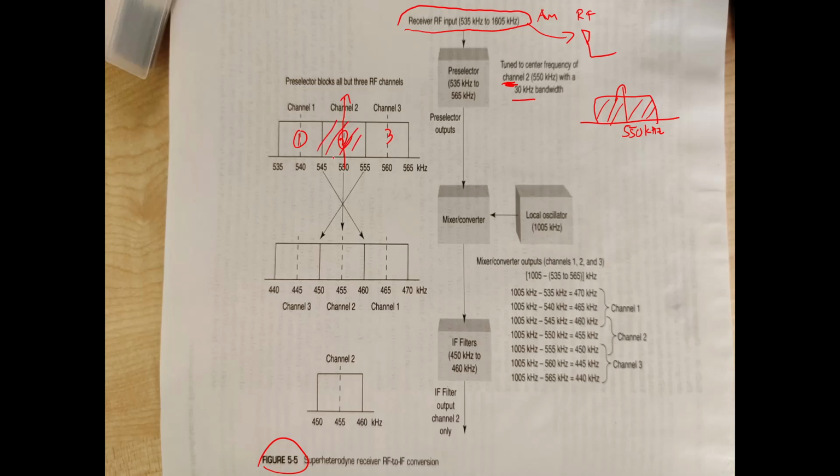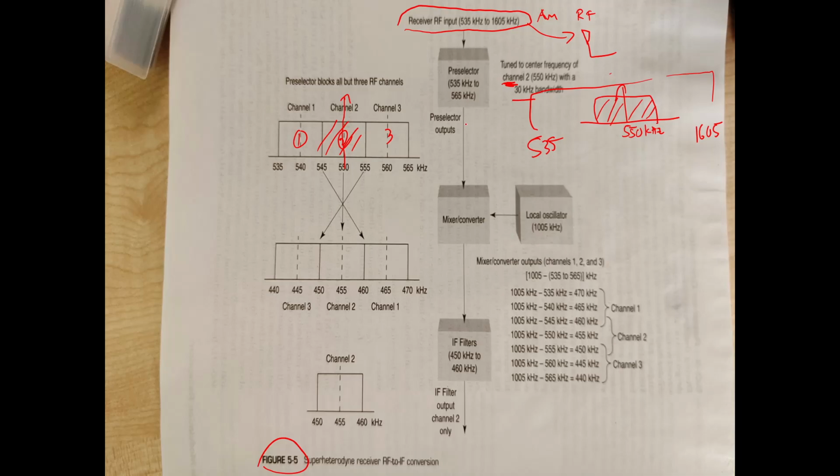So what happened? After the pre-selector, you see that it limits from the bigger bandwidth, 535 until 1605, to only this amount, and it still consists of 3 channels. We need to do another process so that we can get a single channel.